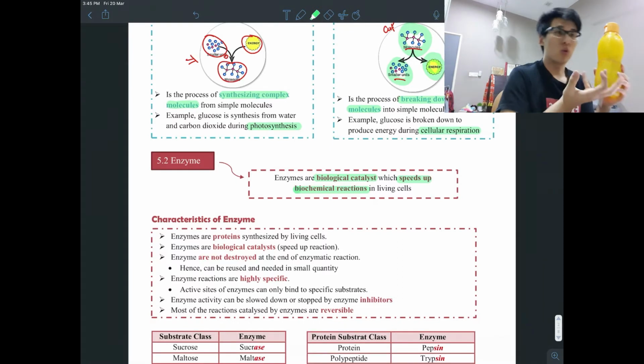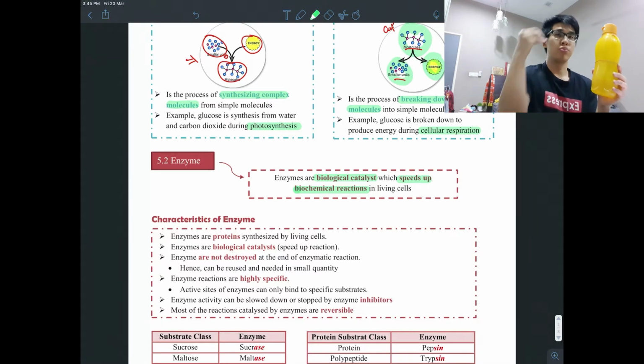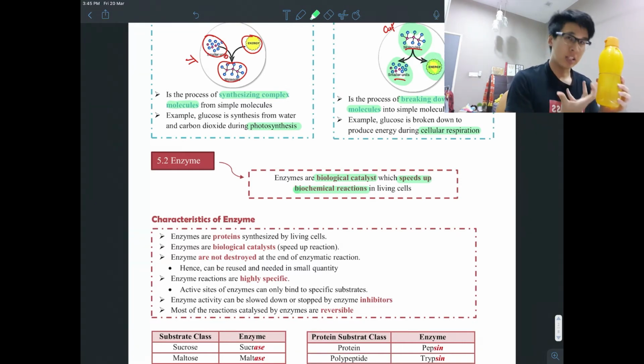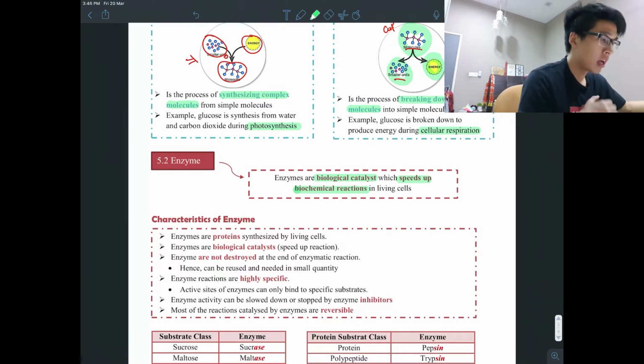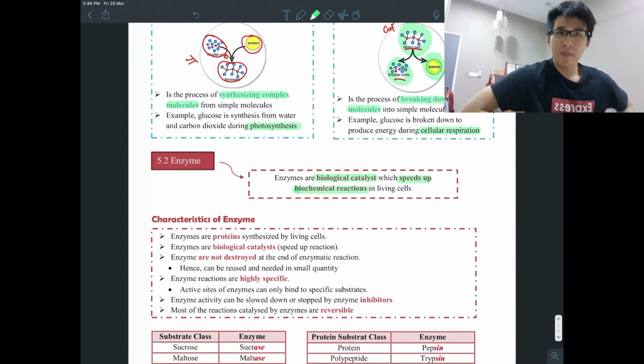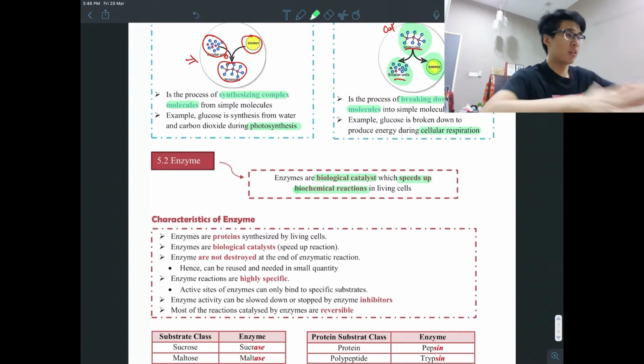To speed up the cooling process, you will put ice. So in this cooling process, ice is my catalyst because ice speeds up my cooling process. So enzymes are the catalyst of biochemical reactions. Enzymes speed up your biochemical reactions.